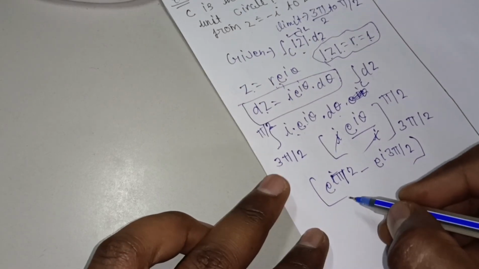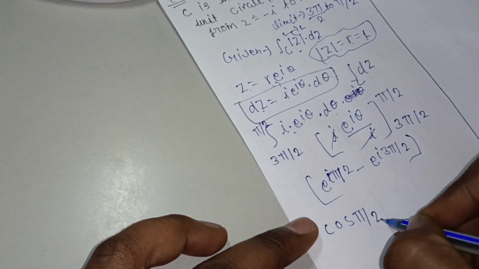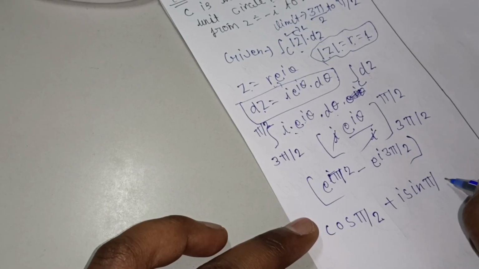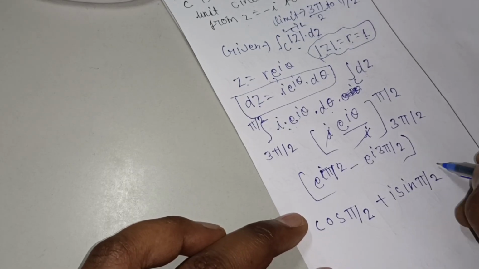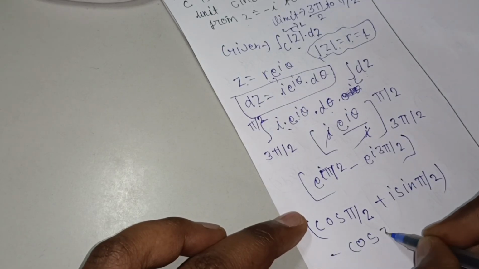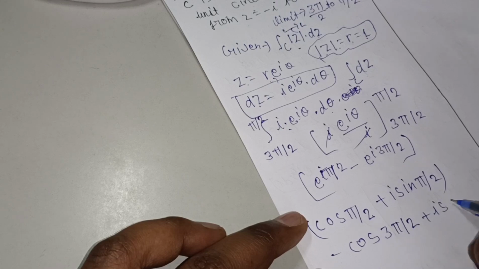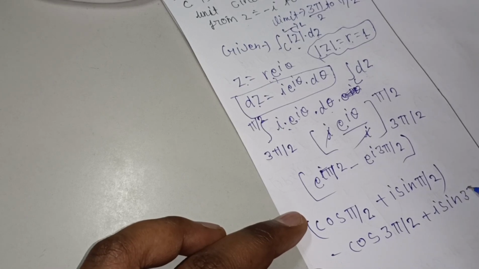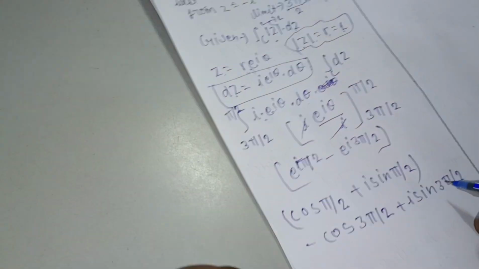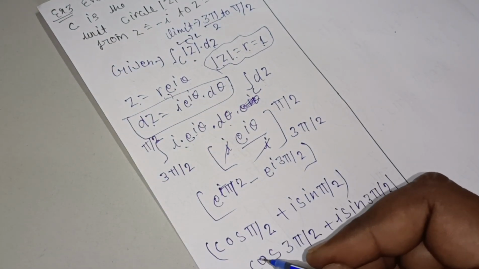We can also write it as cos pi by 2 plus iota sin pi by 2 minus cos 3 pi by 2 plus iota sin 3 pi by 2. Okay, so we can also write it as this.